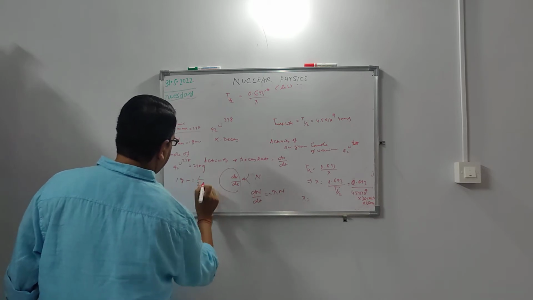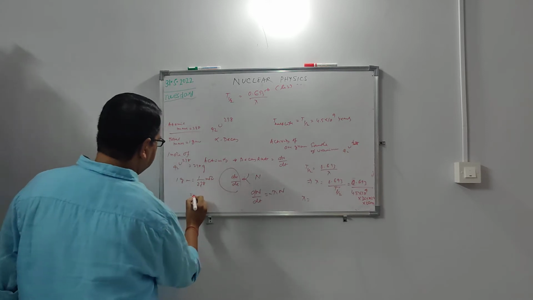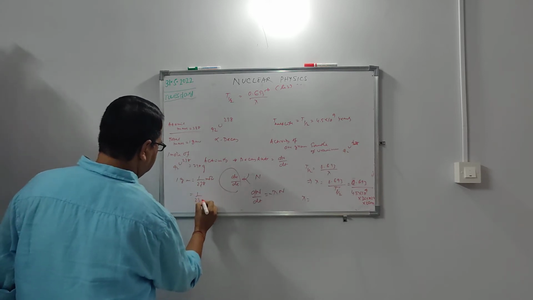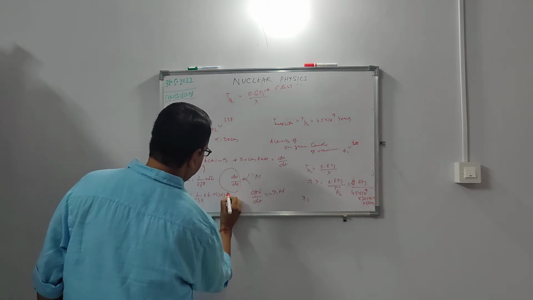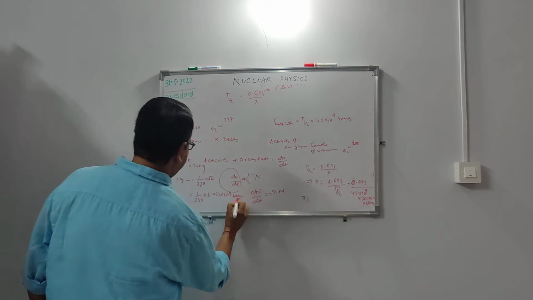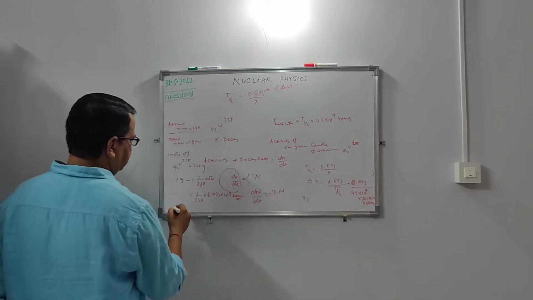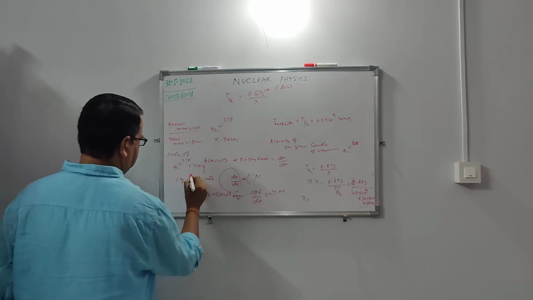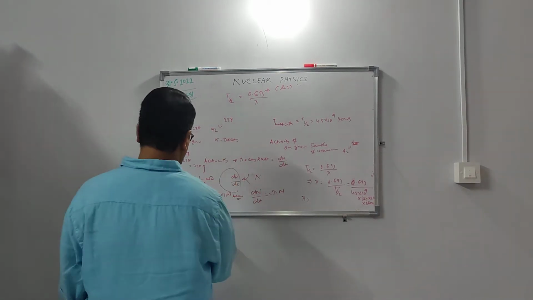So 1 by 238 into 6.023 into 10 to the power 23, these many atoms. This is your N. So this is my number of atoms.